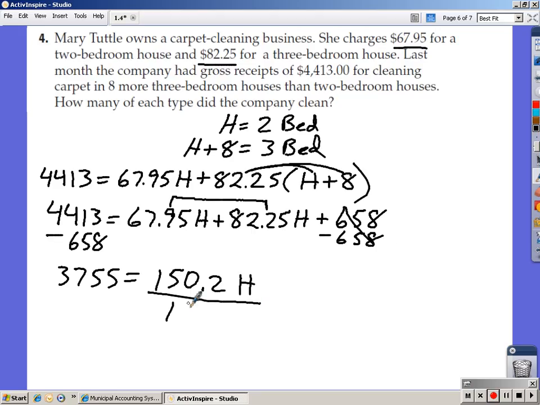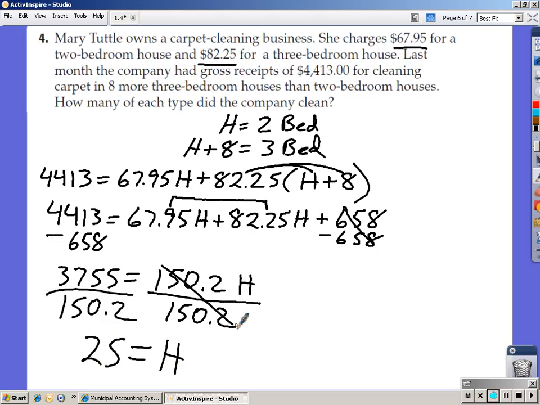Divide both sides by 150.2. All right, 3755 divided by 150.2 is 25. 25 equals H. Those cancel.